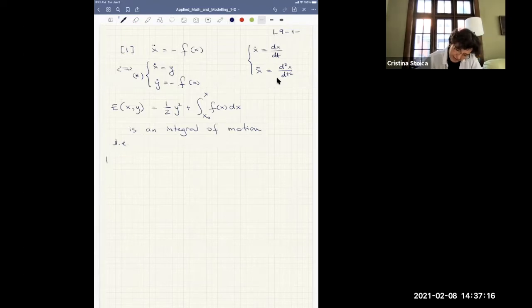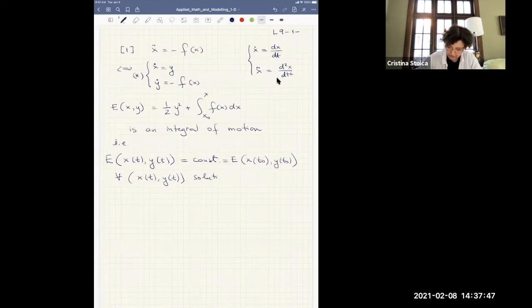I.e., E computed along any solution is a constant, and it coincides with E at time 0, or we could put it x at t naught, the initial time, y at t naught, where this is along any x of t, y of t solution of star.